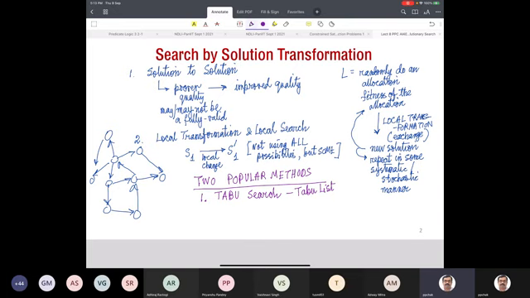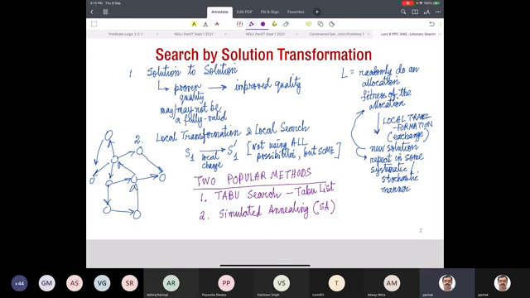Along with taboo search, you employ another method, which is known as simulated annealing. In simulated annealing, which is the next state that you choose is chosen with a probability.